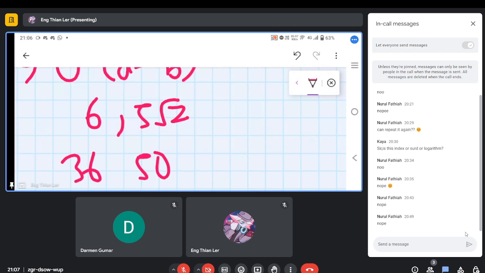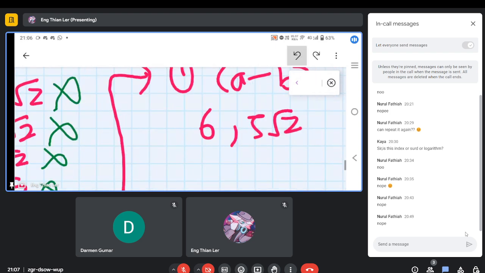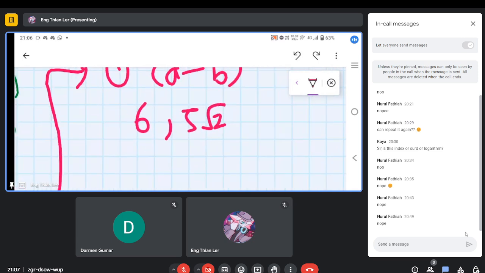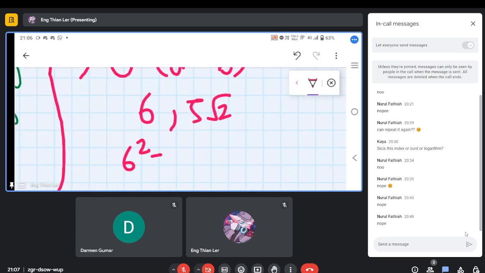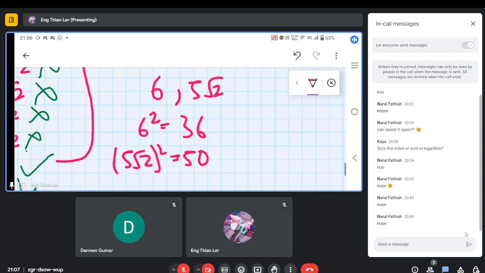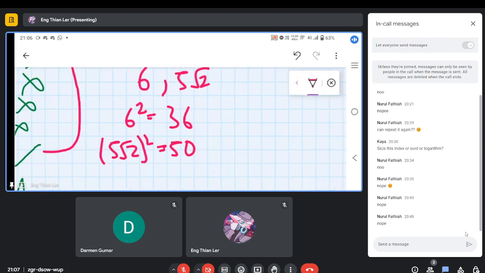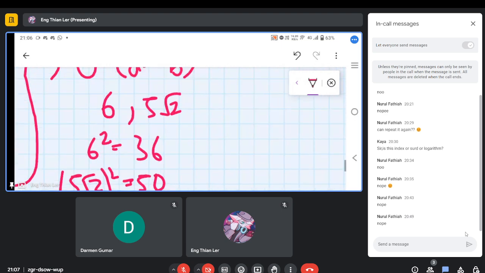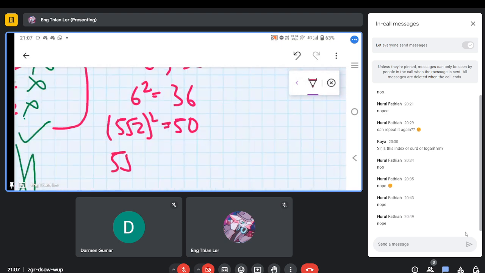Oh wait. Let me actually write it in full form. So 6 square equal to 36. And 5 root 2 square equal to 50. So now we know that 50 is greater than 36, which means that 5 root 2 is greater than 6.